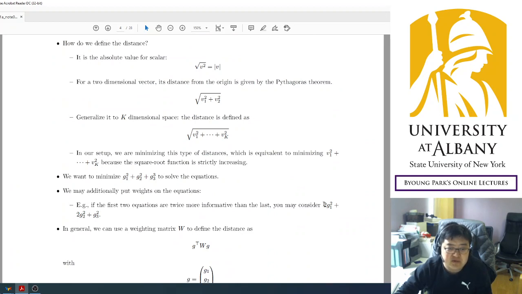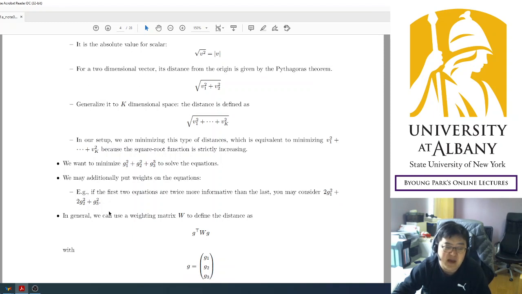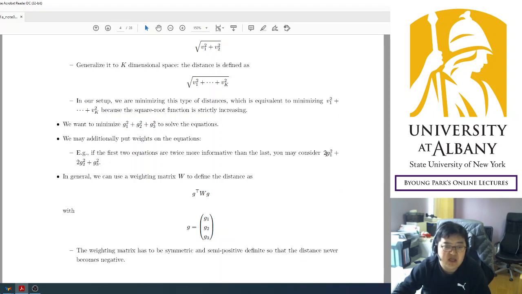Therefore, for example, you may think of it this way: 2 times g1 squared, 2 times g2 squared, plus g3 squared. So g3 receives half of the weight the other two receive. And an even more general form is a weighting matrix. So the weight can be written in the most general form in this way.